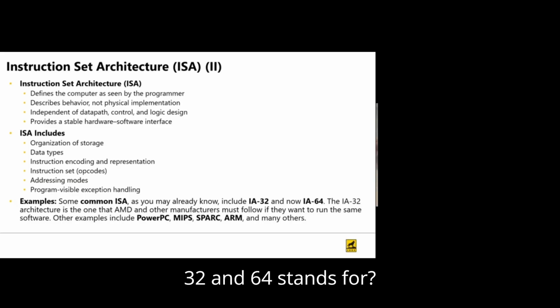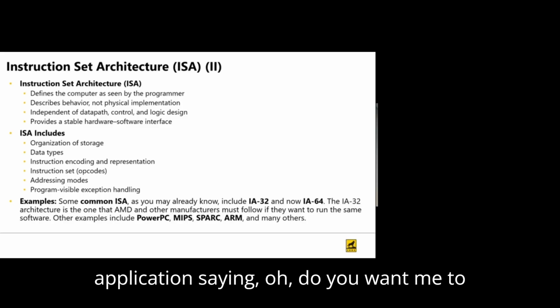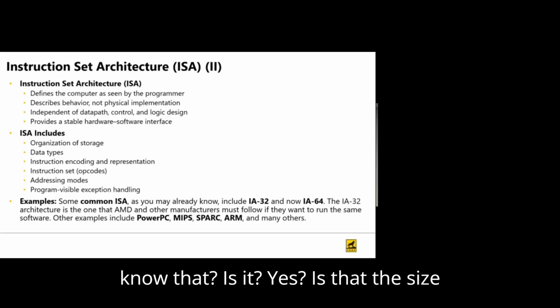What do 32 and 64 stand for? Any idea? Like probably you have seen one application saying, oh, do you want me to run in 32 or 64 bit? What does that stand for?